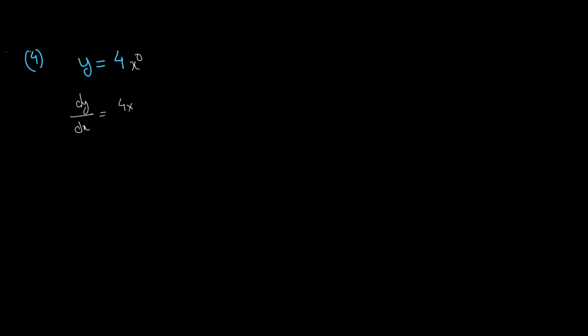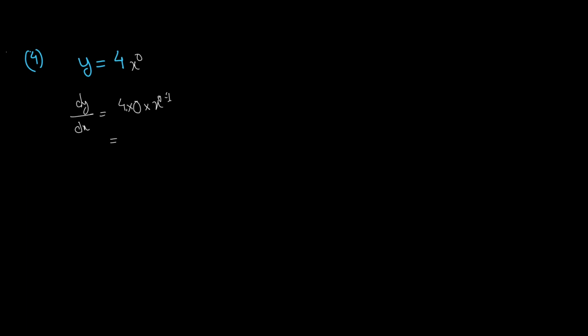The 4 into, here the power of x is 0, so let's take 0 out, and then the x power has to be decreased by 1. So here the power of x is 0, so 0 minus 1. Now 4 into 0 gives us 0, and we know when you have 0 into anything, the answer will always be 0, no matter what the other values are.